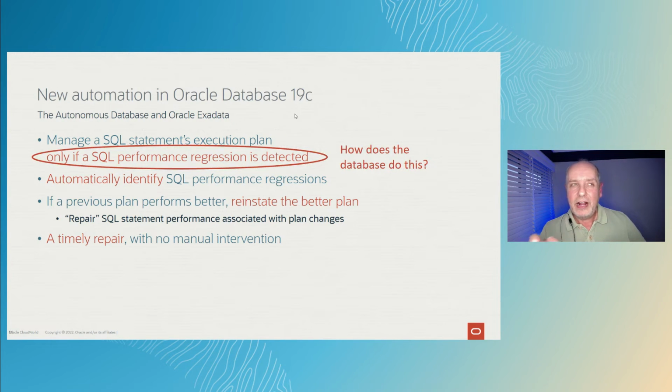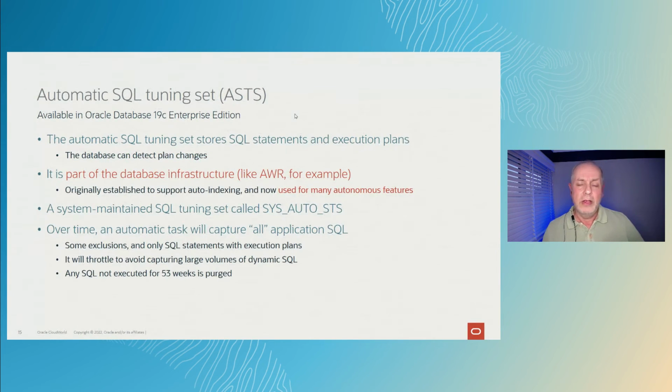So let's just take a closer look at this step here. How does the database know that a SQL statement is one we've seen before, and also whether or not the plan has changed and whether there's another plan available or not? How does it figure that out? All right, there's actually an infrastructure component that we introduced in Oracle Database 19c, and you can use this in Enterprise Edition as well.